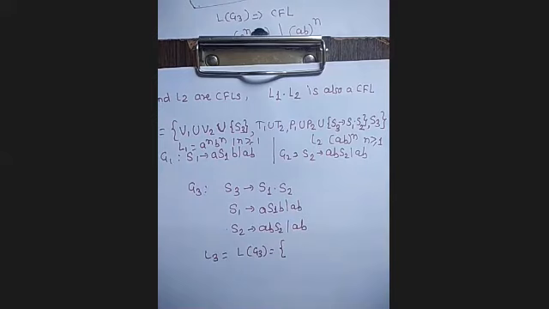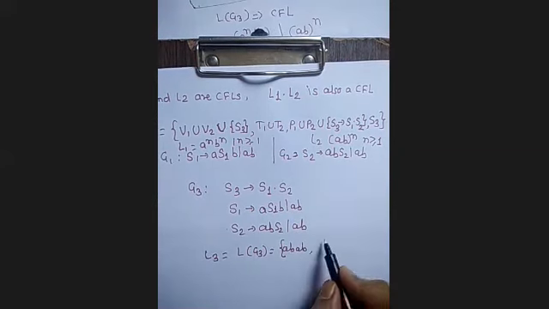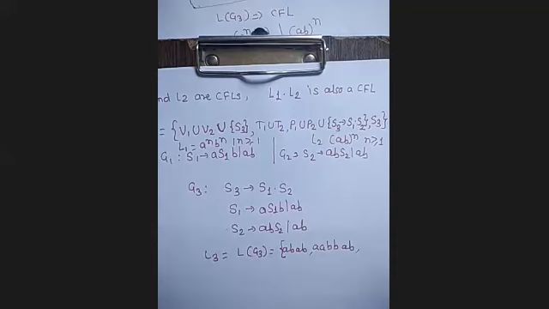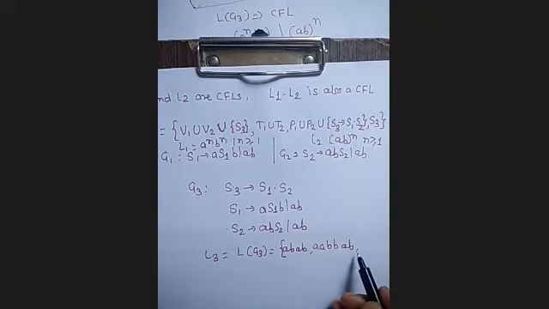Yeah, minimum length is AB, correct? So what is the next string? After AB, which string can I generate? Can I generate AB? Yes. So this is of length 4, then 6. Yeah. I can also generate no AB.